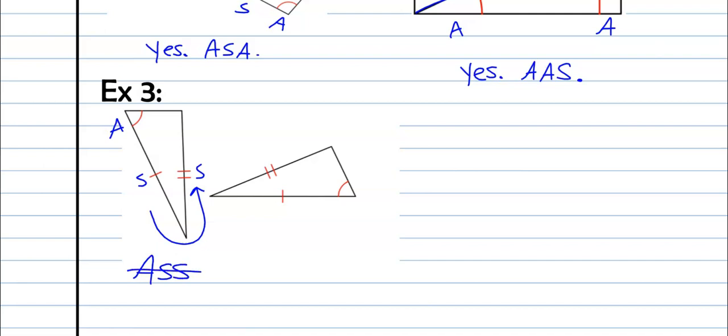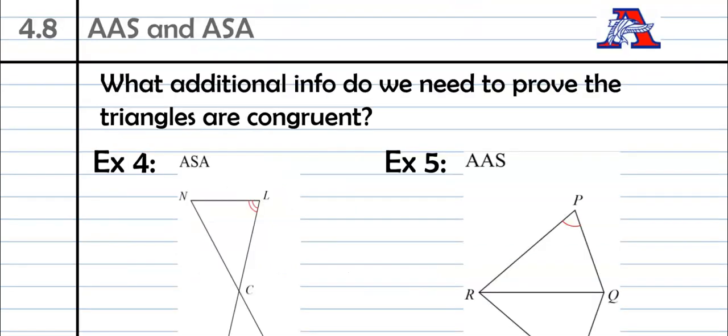You have the same thing on the other triangle. You have angle, side, side. That's not one of our shortcuts, so we would just say not enough information. It's possible they're congruent, but we don't know based off of the tricks that we have if those are congruent or not. So we have two sides but a non-included angle, and that's not helpful.